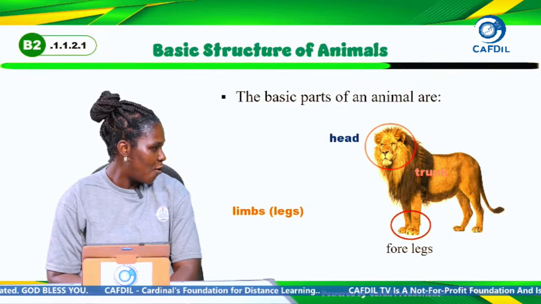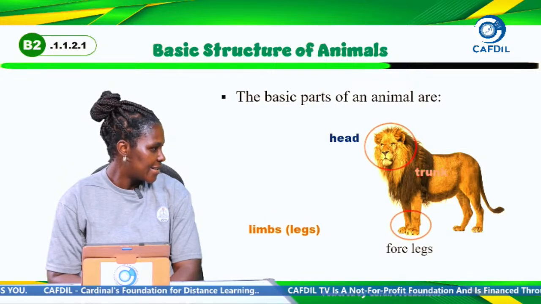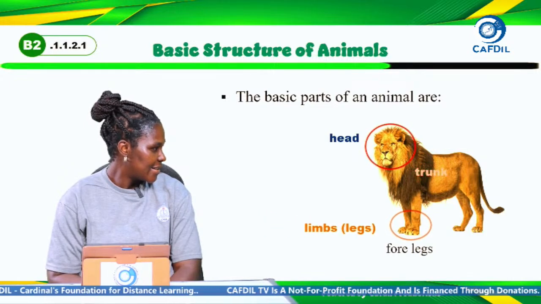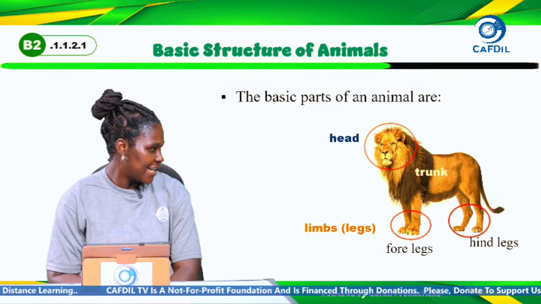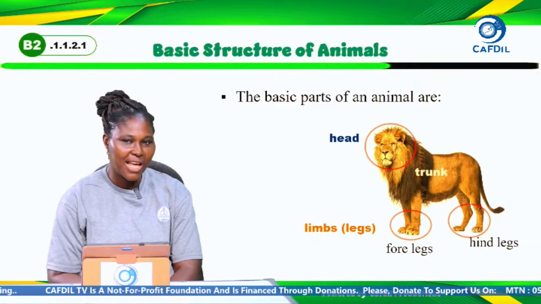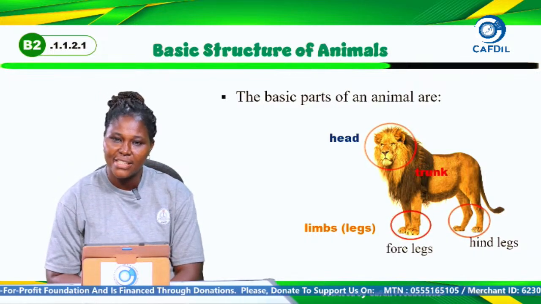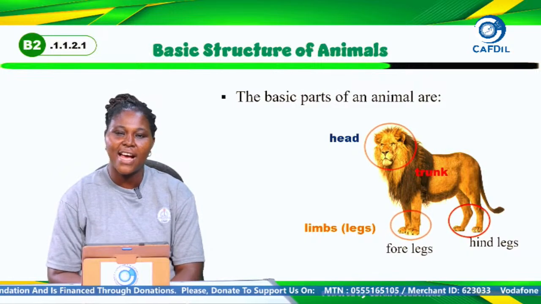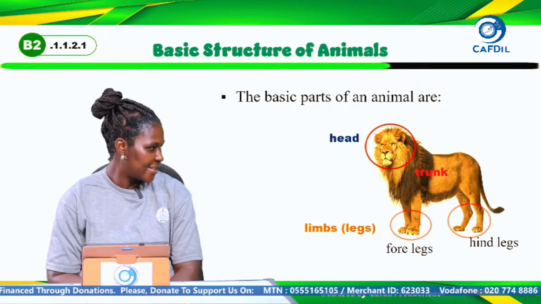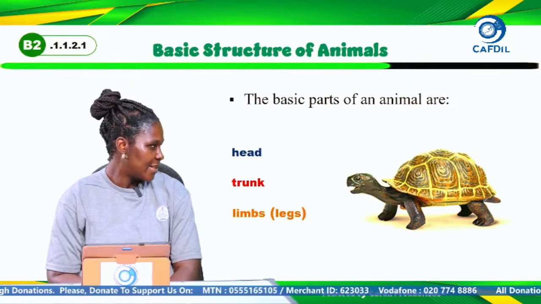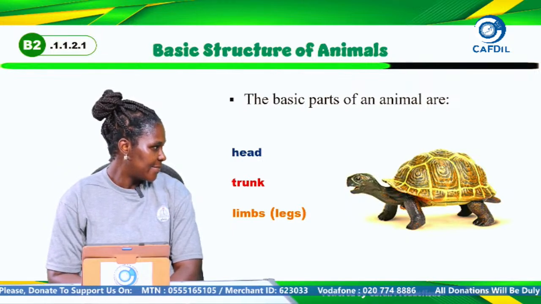We have the four legs, and then the hind legs. So the lion has also got the head, the trunk, the four legs, and then the hind legs. That is the limbs. Let's look at the tortoise.